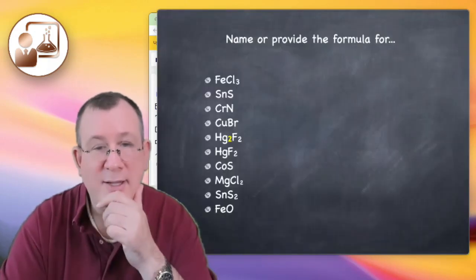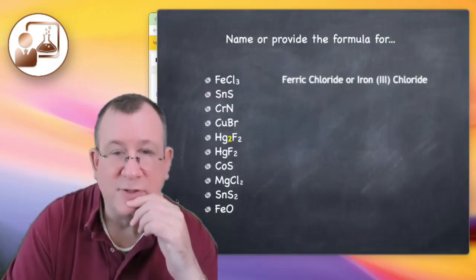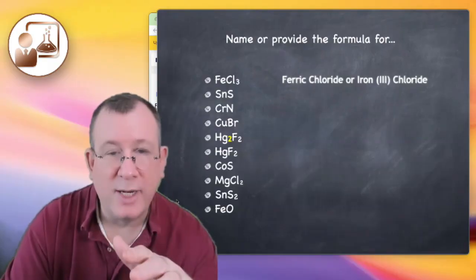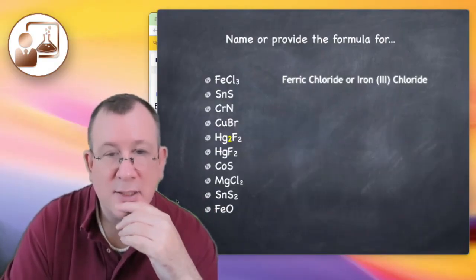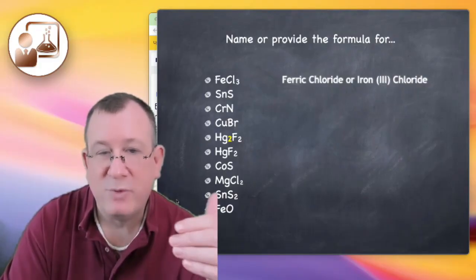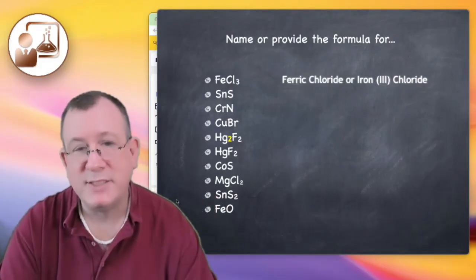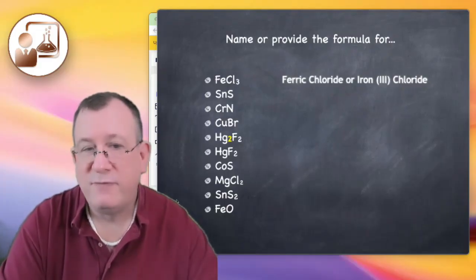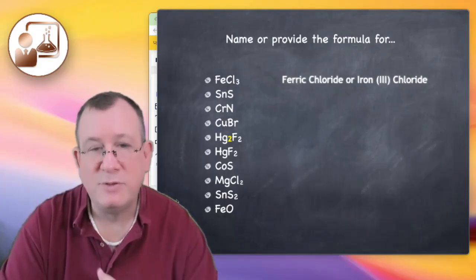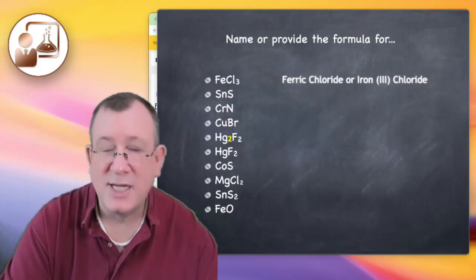Okay, how about on this one? Let's see, we just did the first one. That's ferric chloride. How about the next one? SnS. Now, Sn can have more than one charge, but sulfur almost always has the same charge. Sulfur is a chalcogen. They form a 2-. That means tin's got to be a 2+.